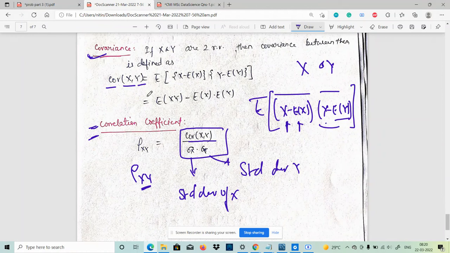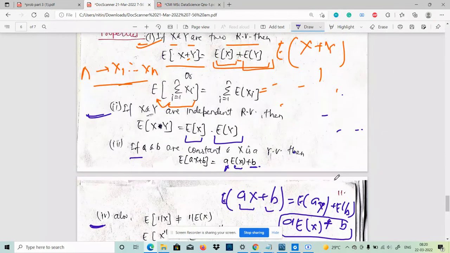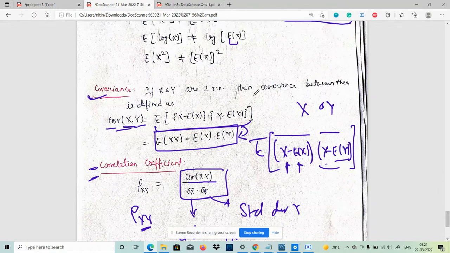One thing you can see is that if two random variables are independent, then expectation of x into y is equal to expectation of x into expectation of y. So if the two random variables are independent, then in the covariance of x and y, when you multiply this out, it reduces to this thing. So finally you have this formula for covariance of x comma y.